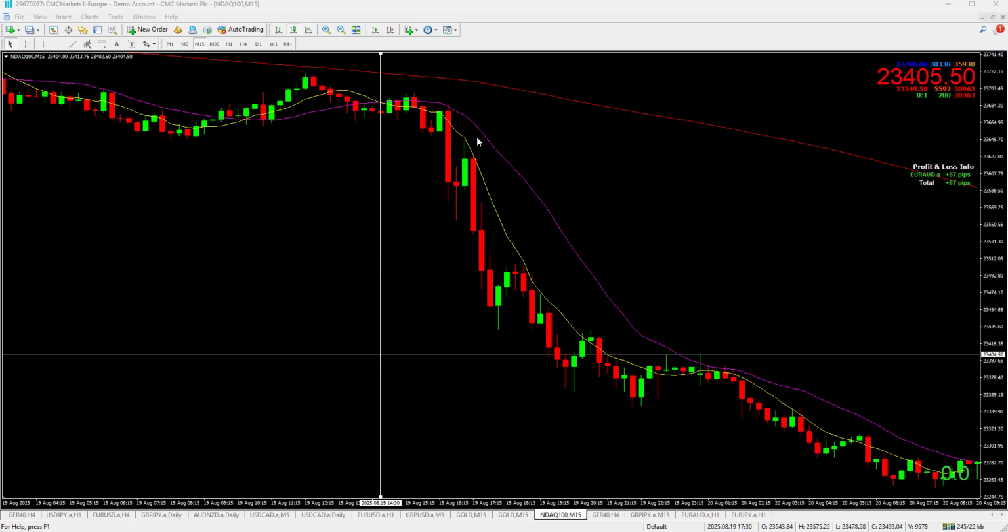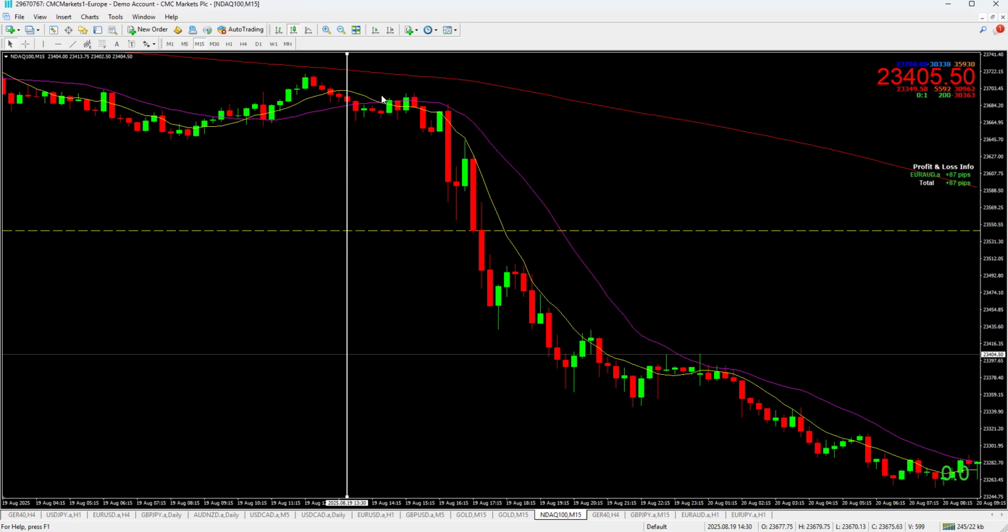But I would say the real confirmation is when there's a red candle showing that the bears are now in control. They've regained control. So in this case, I would enter this trade here. That could be one of the places I enter because, mind you, the crossover happened here.